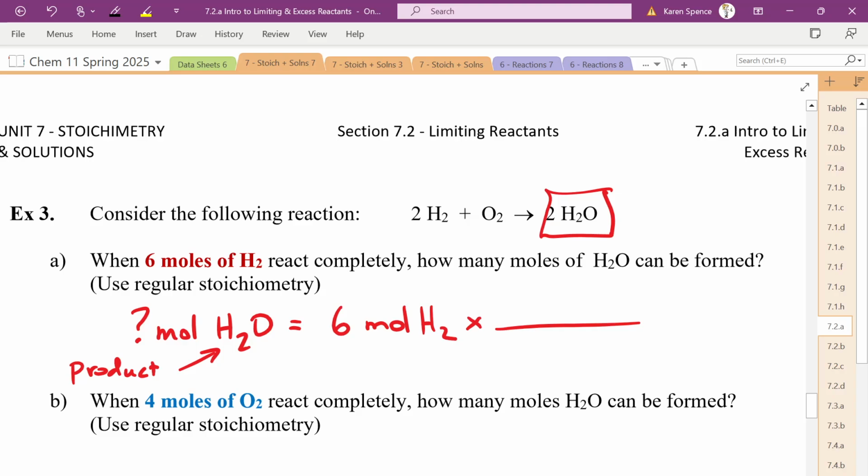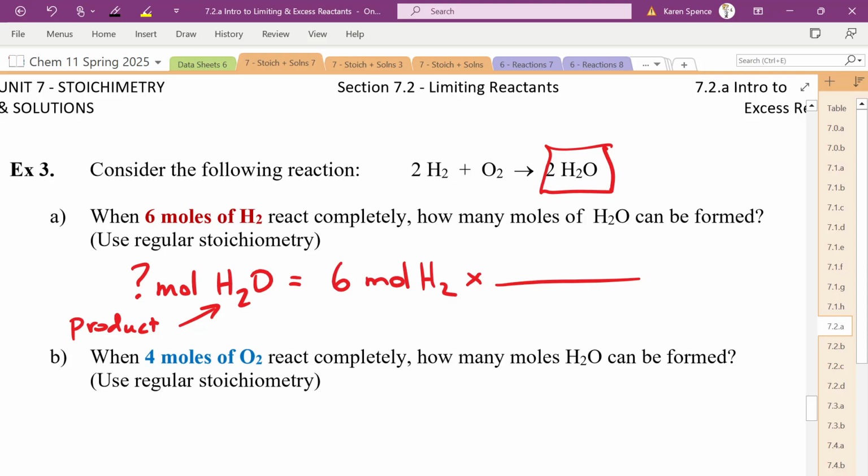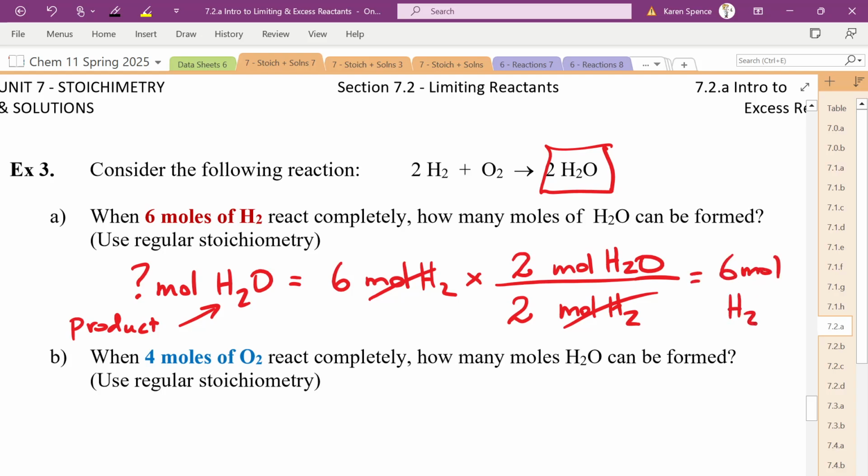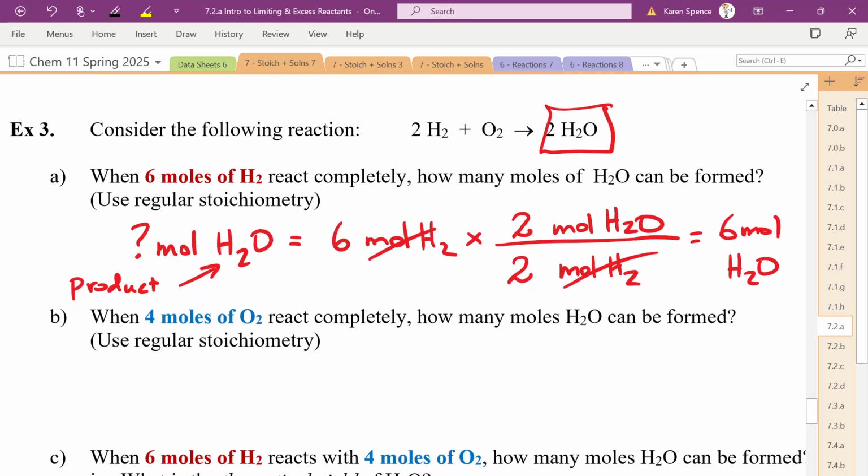Could you guys finish that calculation for me, please? And then if you've got A, you can try B. When 4 moles of O2 react completely, how many moles of H2O can be formed?